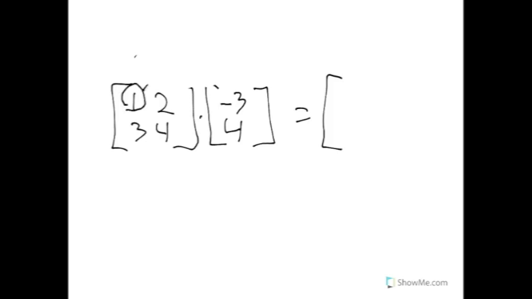So I take this 1, and I multiply it by this -3, and then I take this 2, and I multiply it by this 4. And you can see with just this basic set of operations, this is why you have to have a matching number of columns in one and a matching number of rows in the other, because this 1 and this 2 have to be matched against the same number of elements that are in this column.